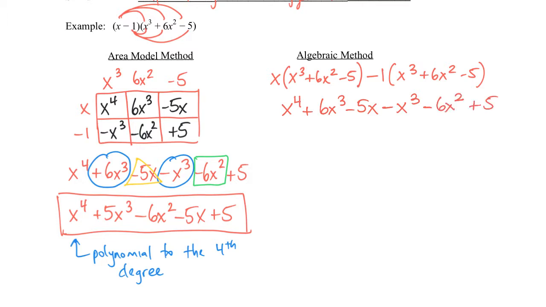And I want you to notice, hey, that's the exact same thing as that. They are exactly the same. So now I would just proceed over here exactly the same way that I did here. So area model, algebraic model. We're going to use either area model or algebraic to do the actual multiplication. Then we're going to combine like terms and make sure that we always give our answer in standard form, which means my exponents go from biggest to smallest as I move down. That's that.